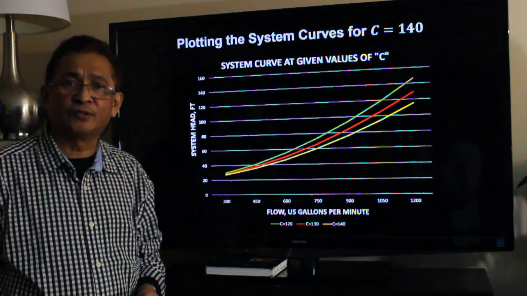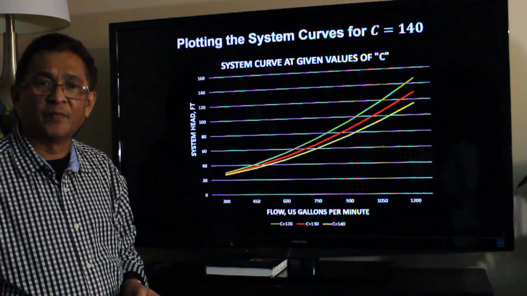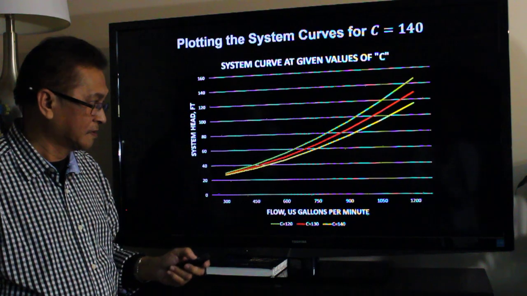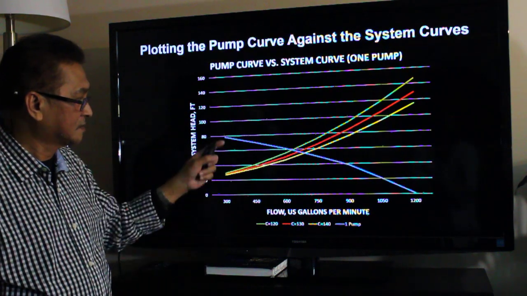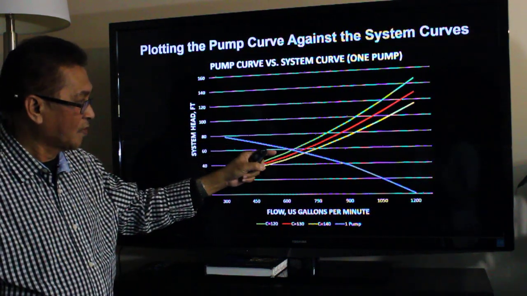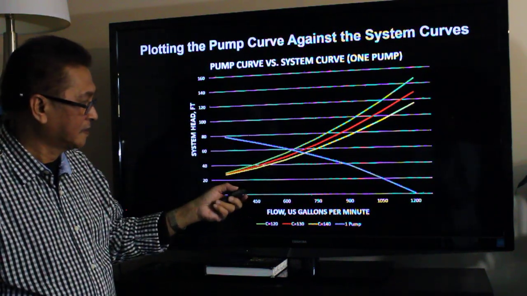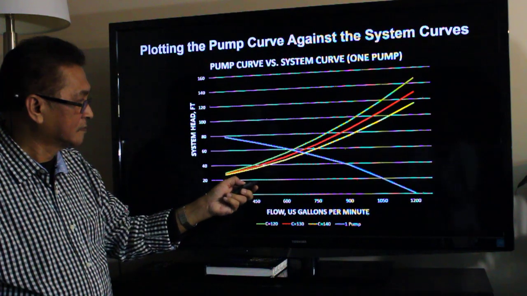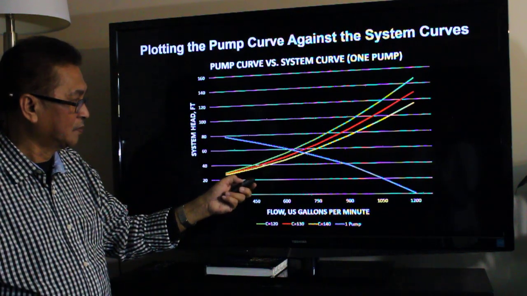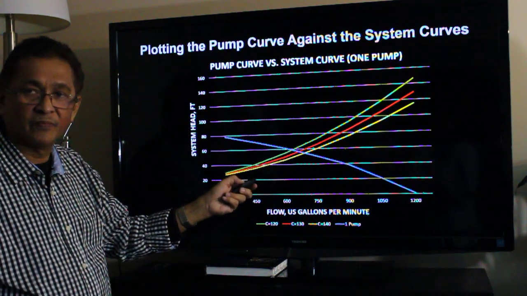And if we are going to choose a pump from those given by a manufacturer, we plot the pump curve over the system curves here. The normal operating point will be the intersection of the blue curve and the red curve.